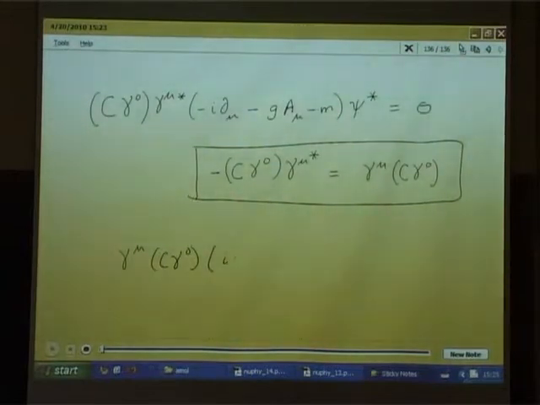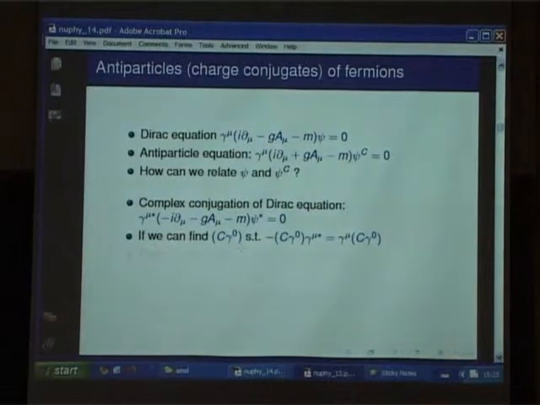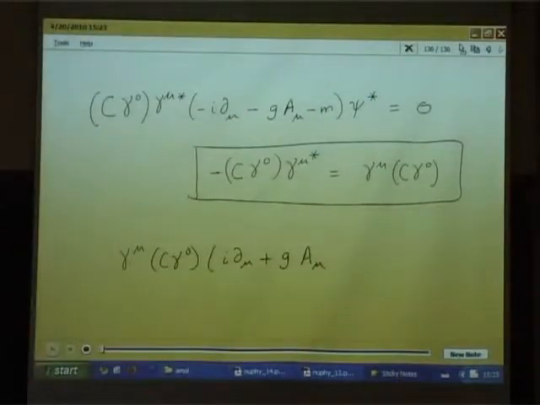So I get i times del mu plus g times A mu, minus m, times psi star is equal to 0.